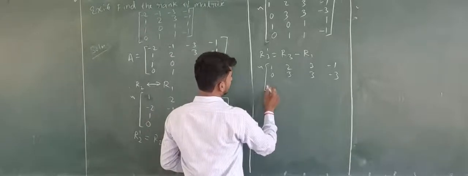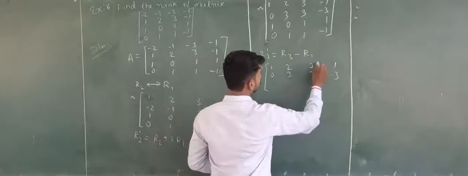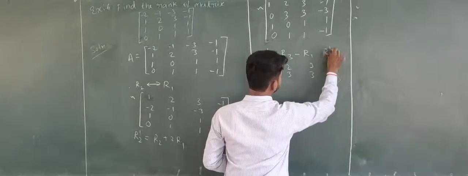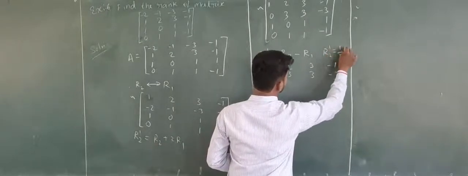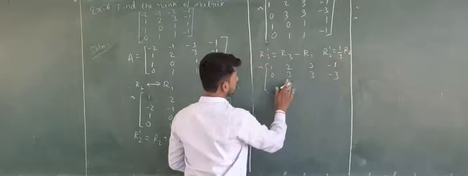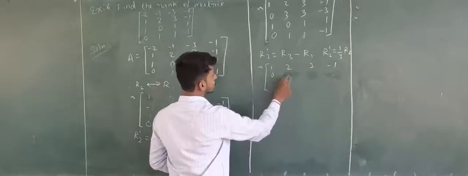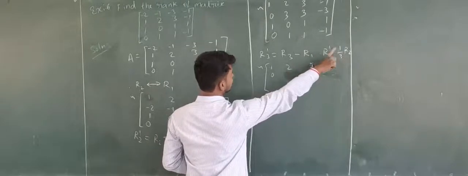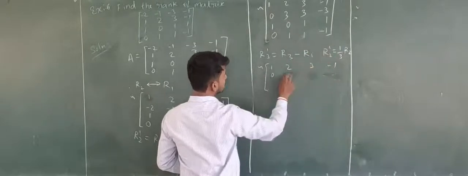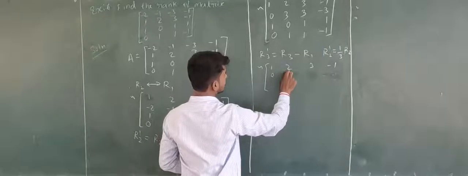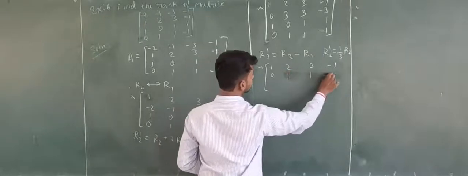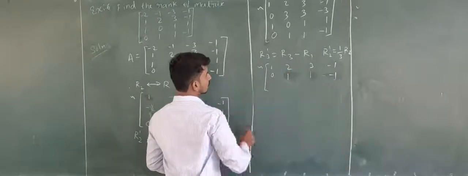Also we can take R2 dash equal to 1 by 3 R2, so we can make this 1 1. R2 dash equal to 1 by 3 R2 means this will be 1 1, and this will be minus 1.